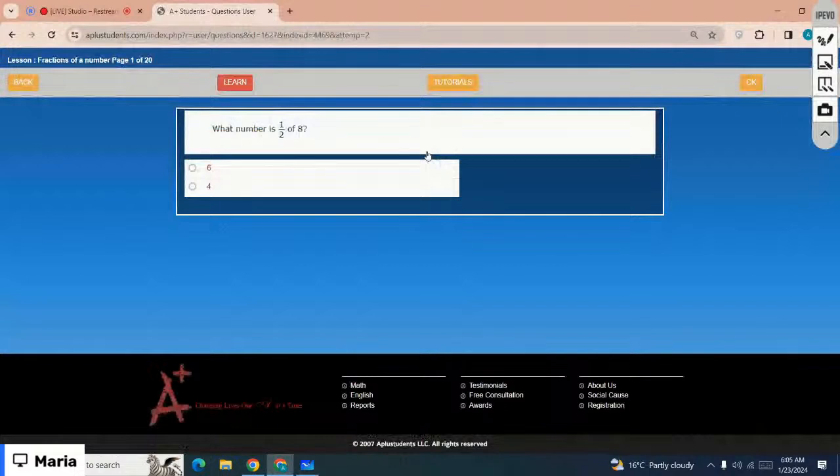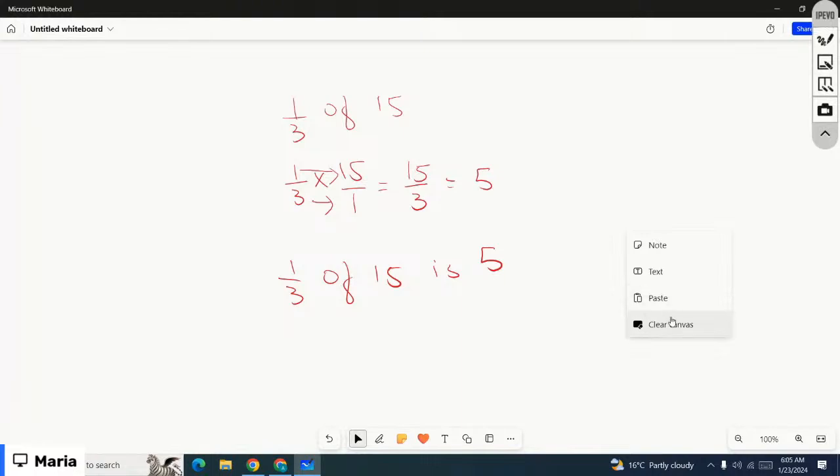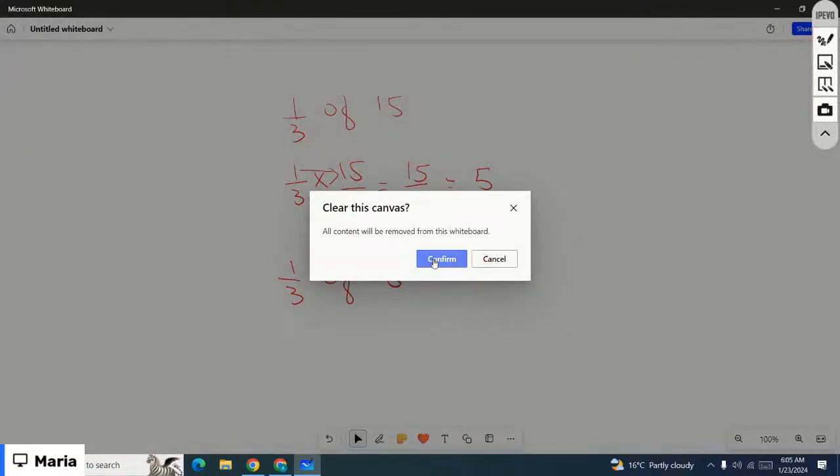What is half of 8? So which is the correct option? 1 by 2 times 8, right? It doesn't have any denominator, that means its denominator is 1.